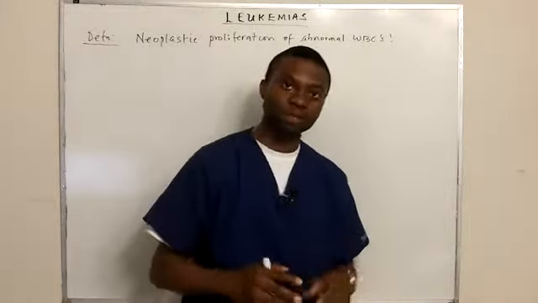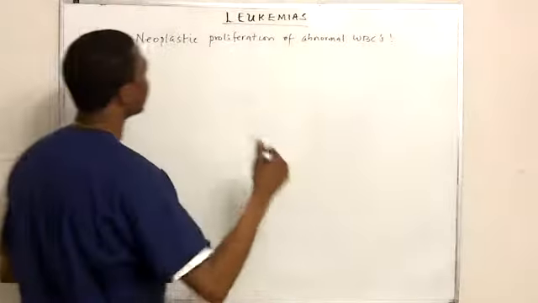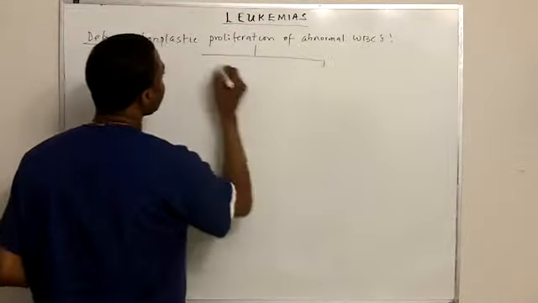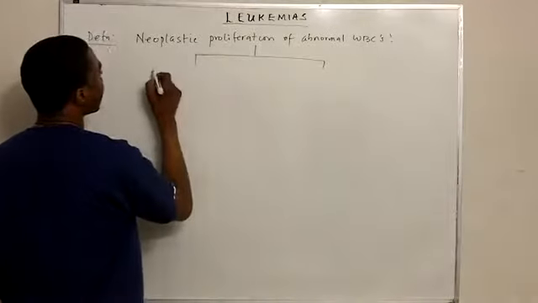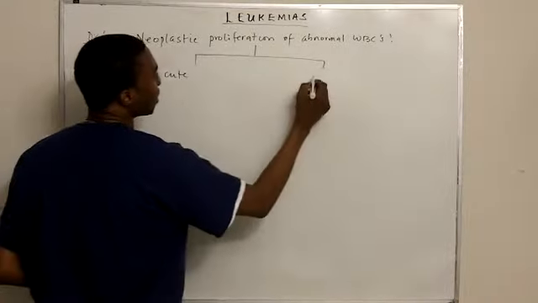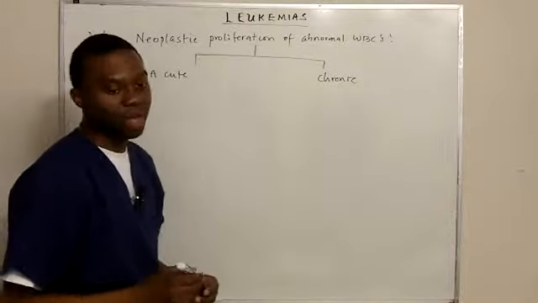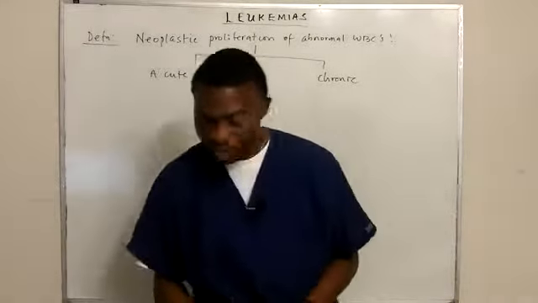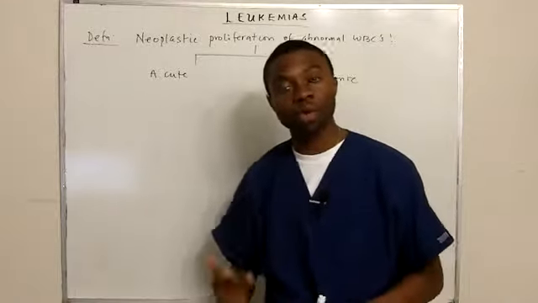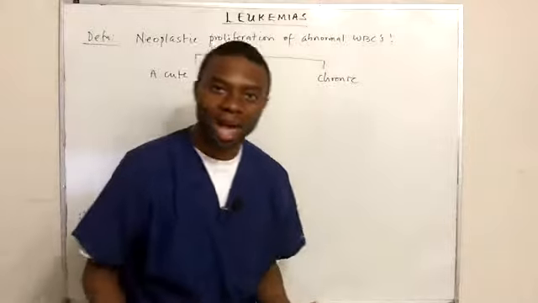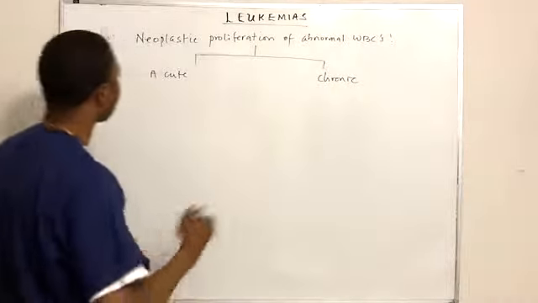So how do we classify leukemias? Well, we normally classify leukemias into two ways. There's acute leukemia and there's chronic leukemia. Well, if the granulocytes or the monocytes are affected, we call that myelogenous leukemia.